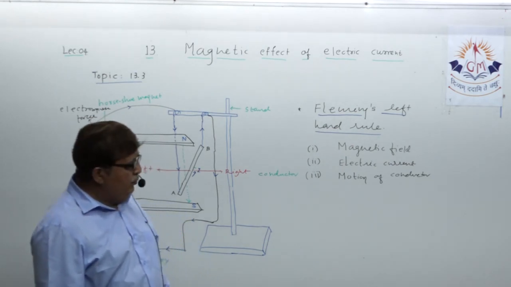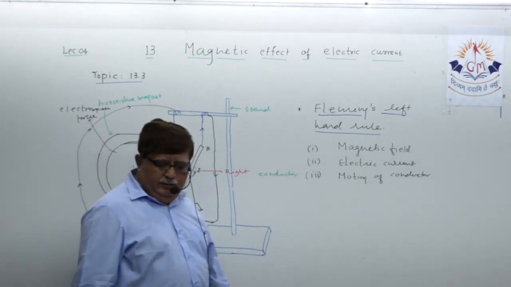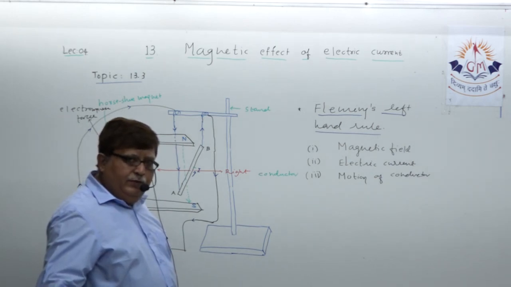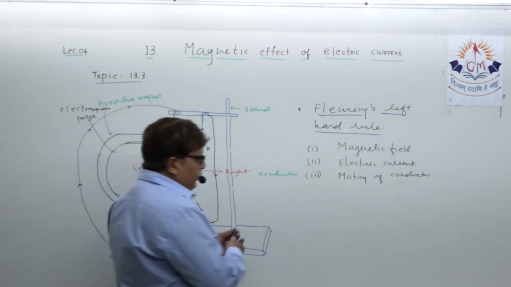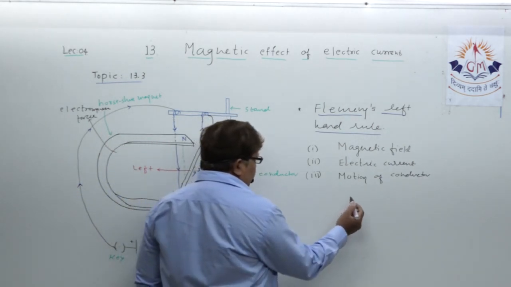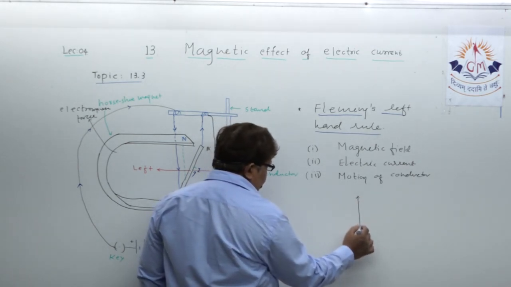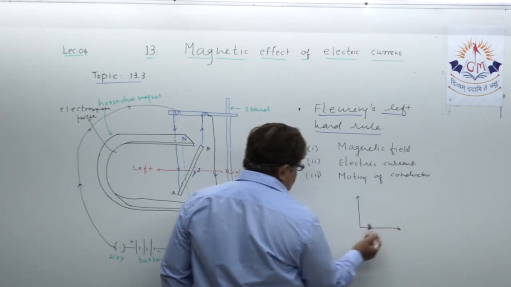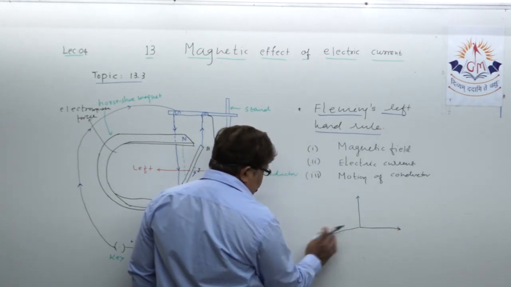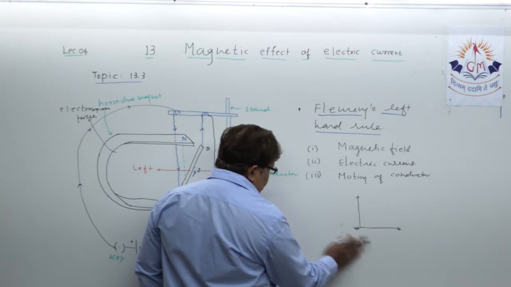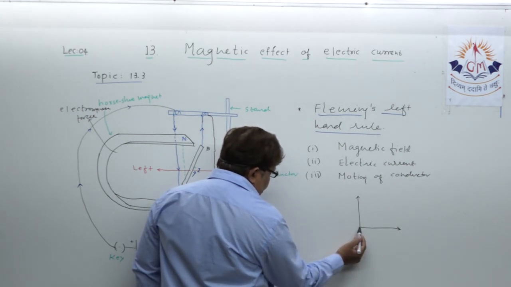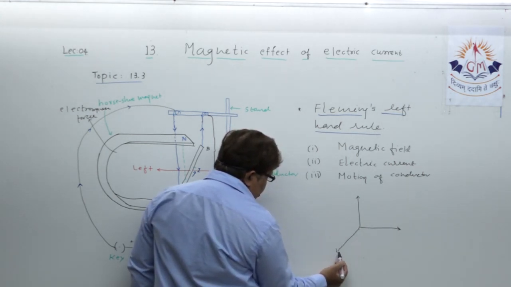Very important experiment, and Fleming's left hand rule, as you know. You can also show it by arrows: first, second, and if you show the third this way, it means you are showing them as mutually perpendicular.